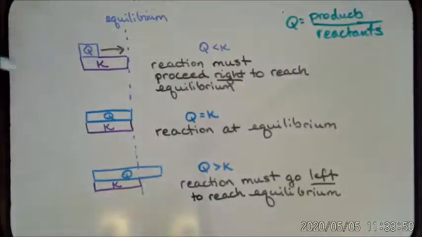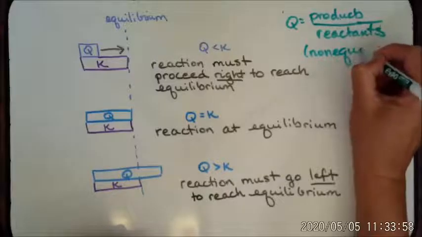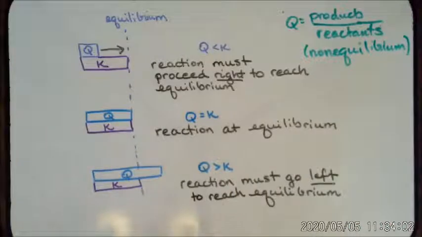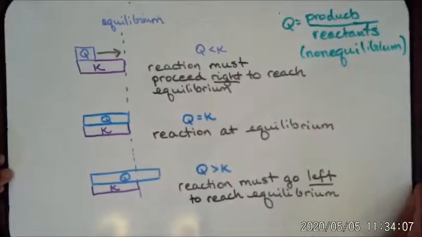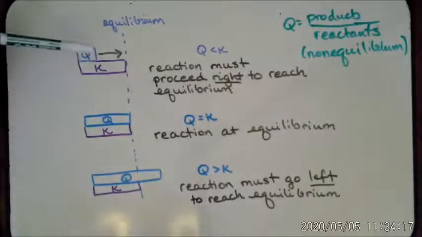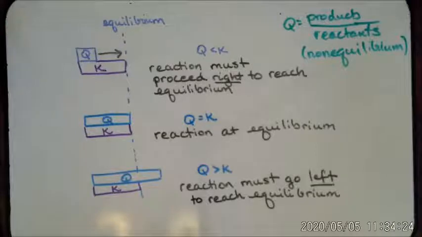With Q, we're talking about non-equilibrium conditions. The question is: how do we determine whether or not we're at equilibrium, or which direction my reaction will shift? If Q is less than K, then the reaction has to go to the right. It has to create more products in order to reach equilibrium.